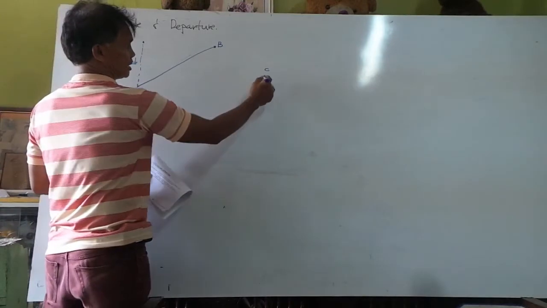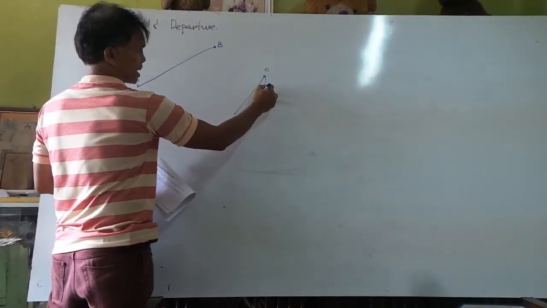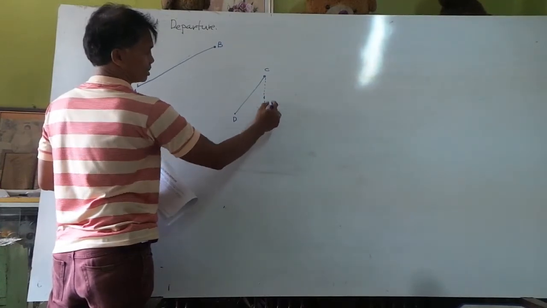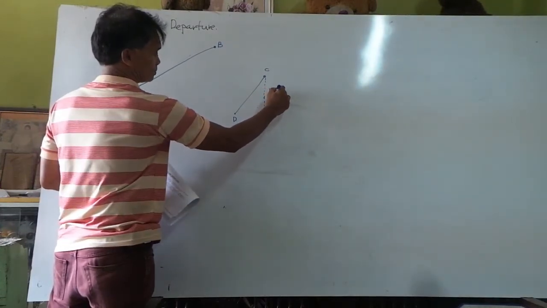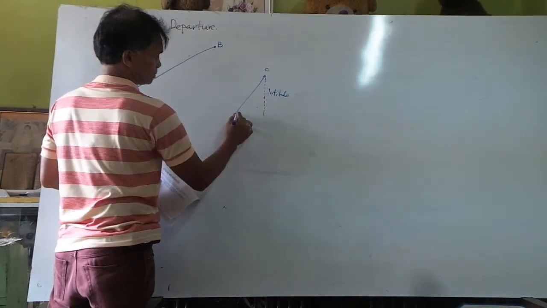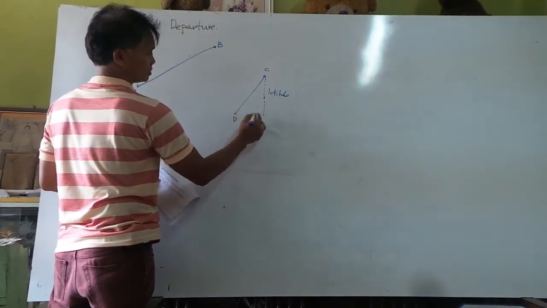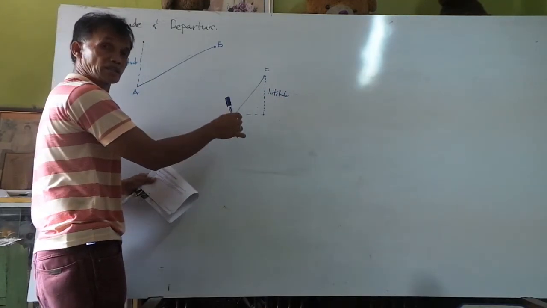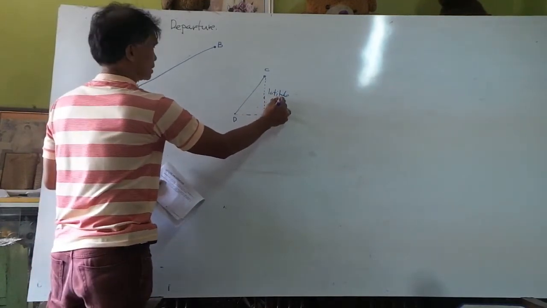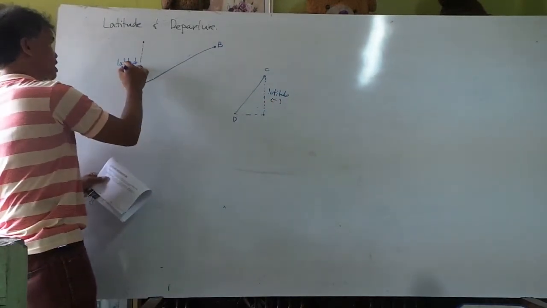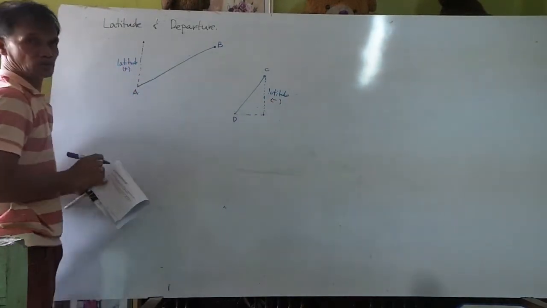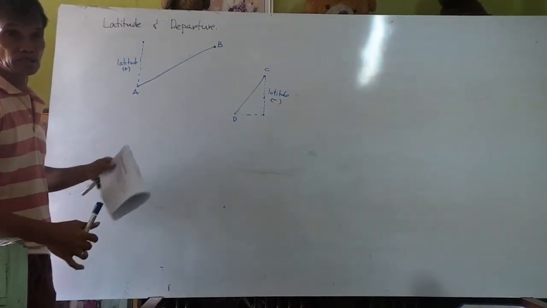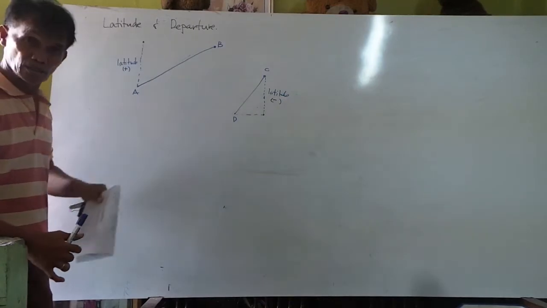Now, for the line CD, what is its latitude? It is going downward, and because this is going to the south, it is a south latitude or negative latitude. While this one is going to the north, it is positive latitude. So latitude is the projection of any line to the north or south.